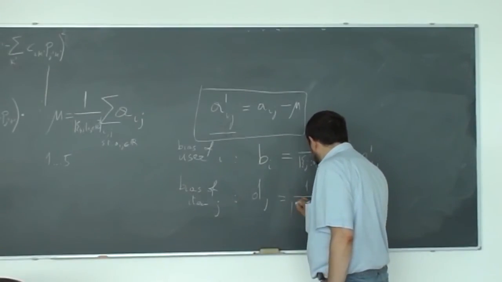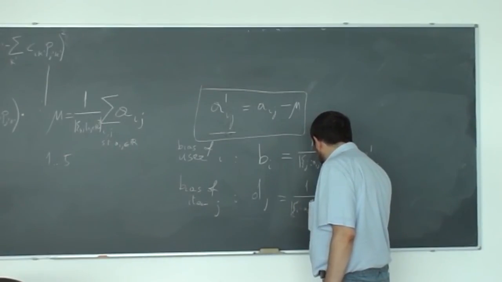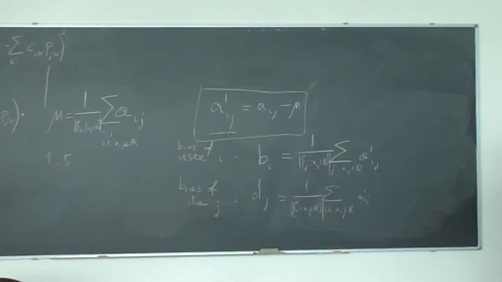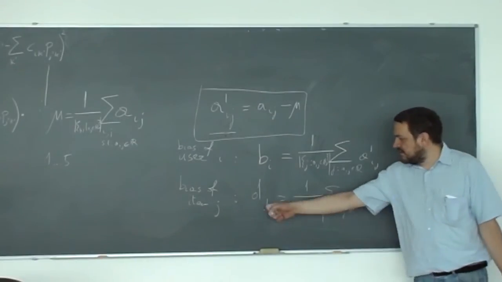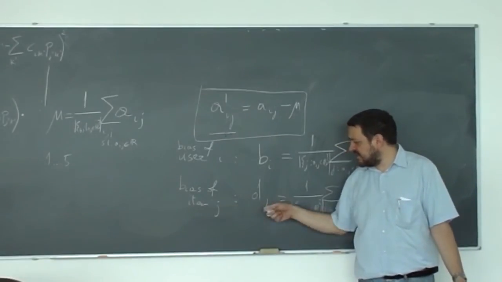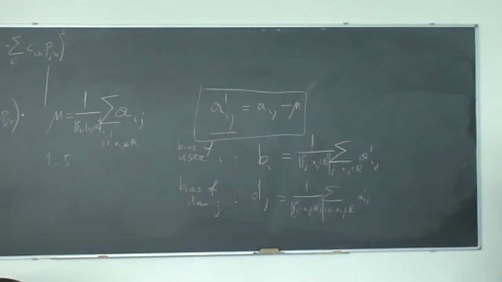So we take the average. So here the idea is that for a given item j, if d_j is positive, it means that that item tends to be liked by many users. Its average mark is above the overall average.